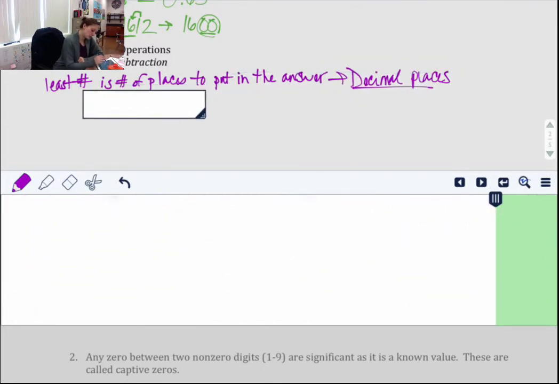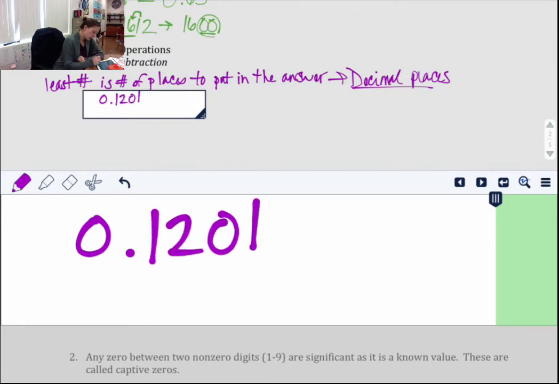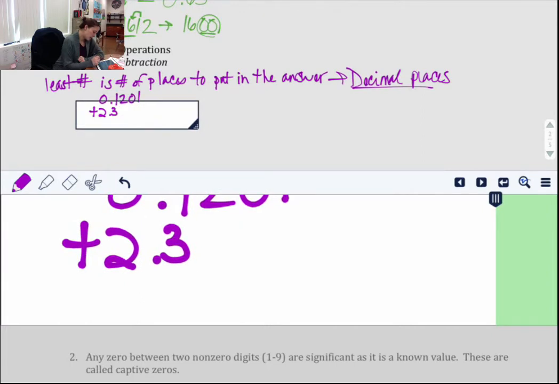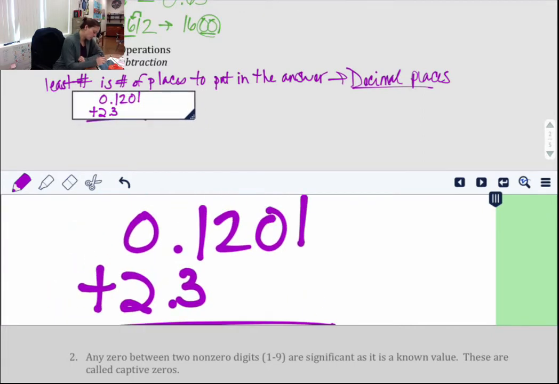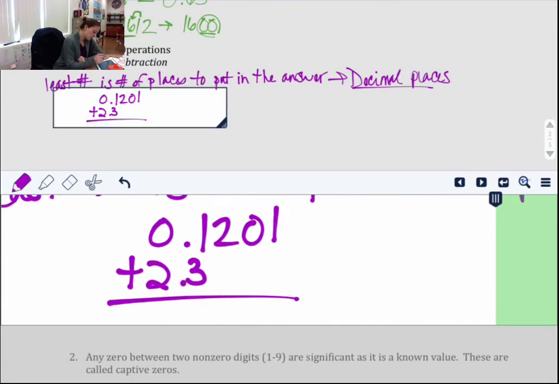So if I want to add two numbers, say I want to add 0.1201 to 2.3. Well, if you think back to your elementary days, if I add these two numbers up, I'm going to have 2.4201.